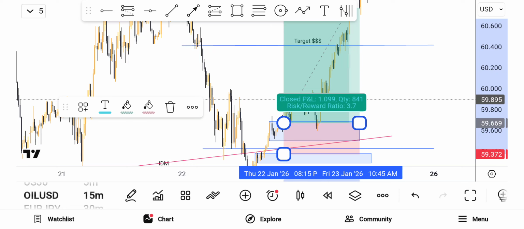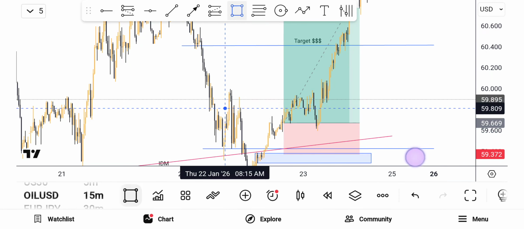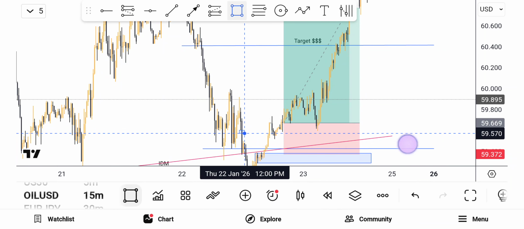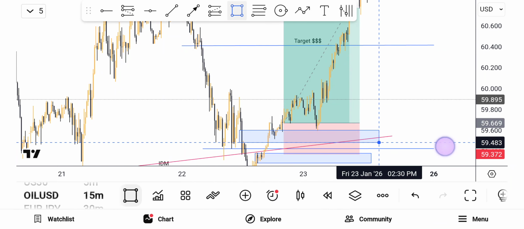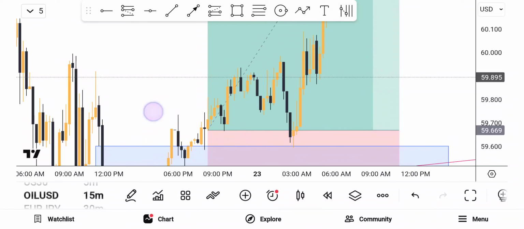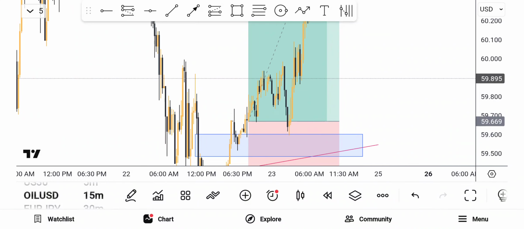Some persons trade IFVG; if you trade IFVG, you could have used this as your entry point. But depending on your broker, some brokers will not activate that because of the spread.